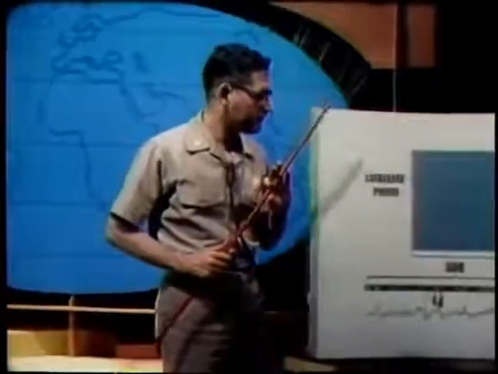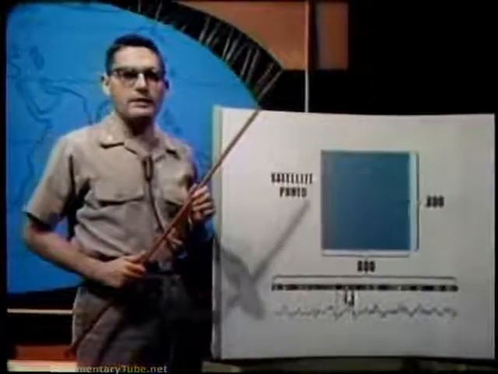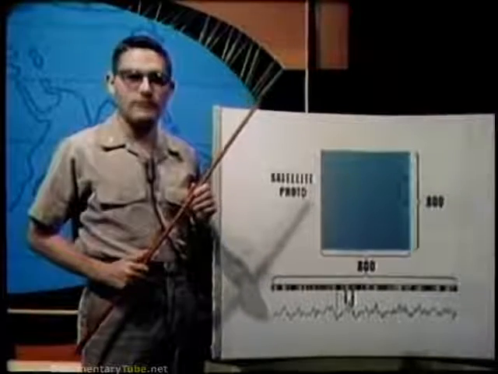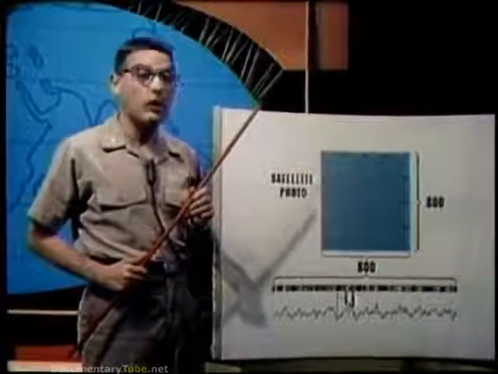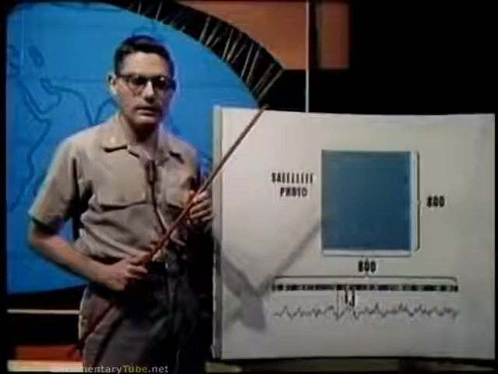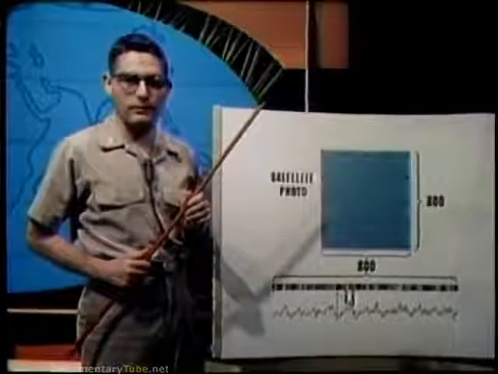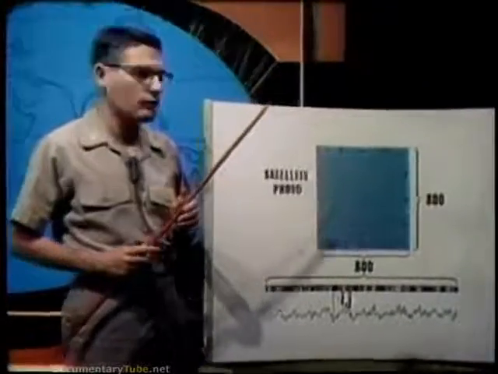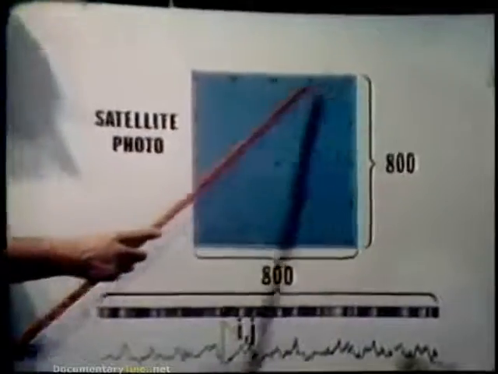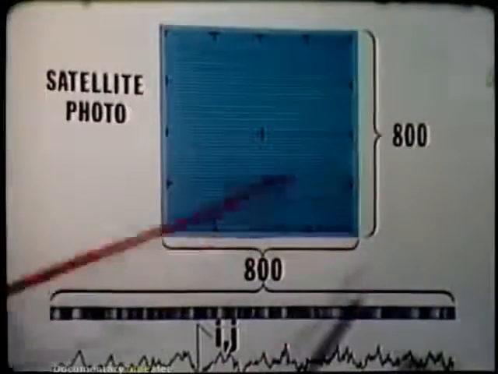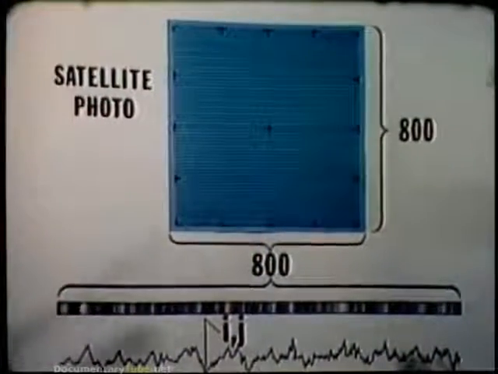Now we have a special type of picture to show you. A picture we call a digitized product. AVCS pictures are similar to television pictures, as are all of our satellite pictures. In an AVCS picture, we have approximately 800 raster or scan lines.